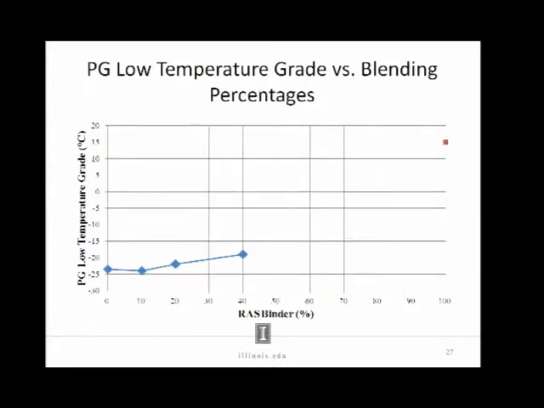When we look at whether the stiffness or the m-value dominated the PG low temperature grade, this is what we get. This point right here was stiffness dominated, and that's the 0% RAS binder, or 100% 64-22. Then as we include RAS binder, all these three are m-value dominated, and this is obviously m-value dominated. So that's something to keep in mind. I think as soon as you include this RAS binder, it may not be as stiff, but it cannot relax those stresses for whatever reason.